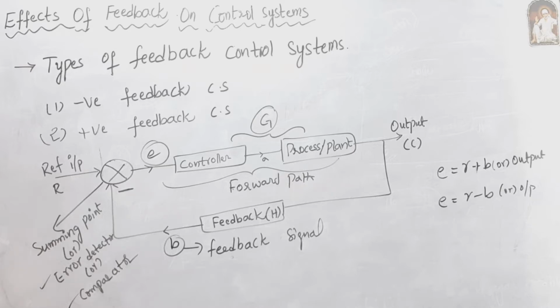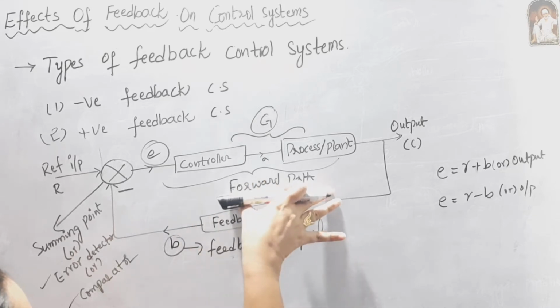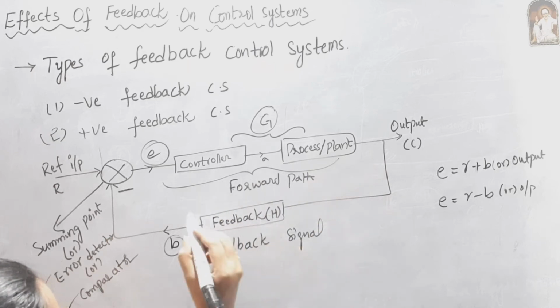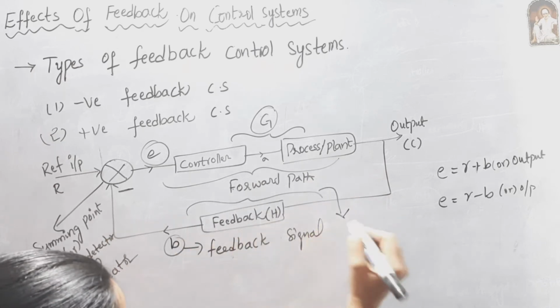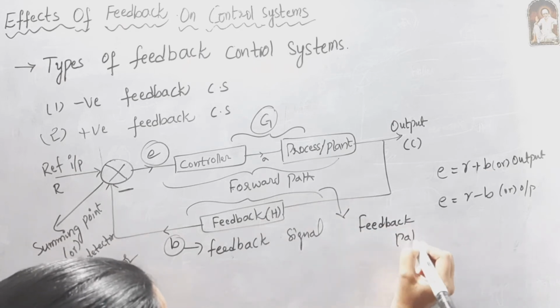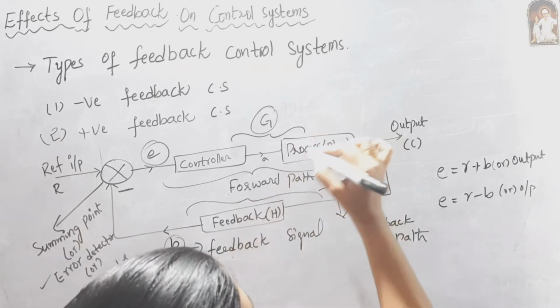This is about the types of feedback control systems. We call the path from input to output the forward path, and where I am connecting the feedback element is the feedback path. The elements which are connected in the forward path are power elements.